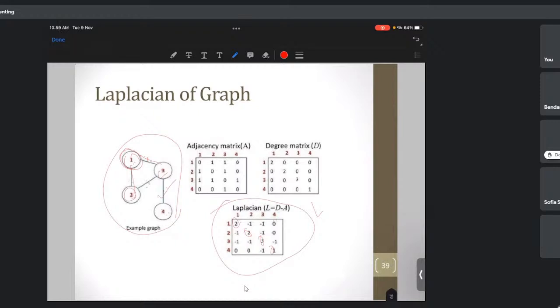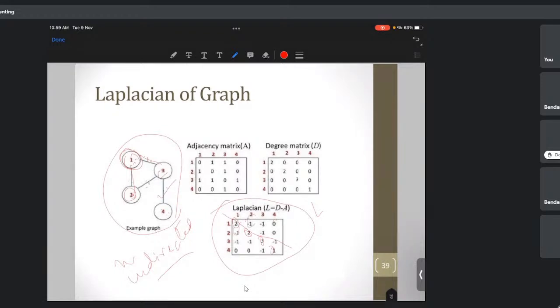If there is a connection, like between 1 and 2, I put -1. I have a connection between 1 and 3, I should put -1 there. Obviously, the graph is undirected, so the matrix will be symmetric about the diagonal. So if this is -1, that will also be -1.